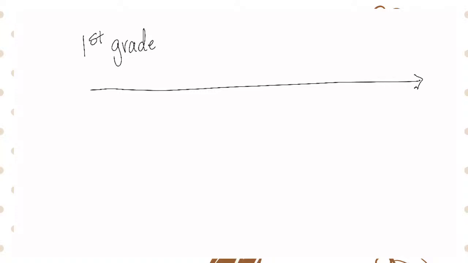And one of the problems that we have in middle school is that middle school students, well, I'll say secondary students, are not familiar even with number lines because they haven't had enough practice and understanding.